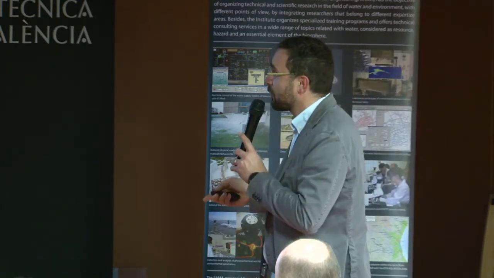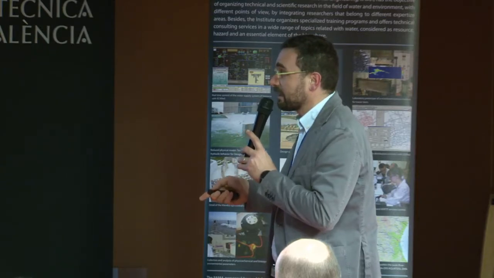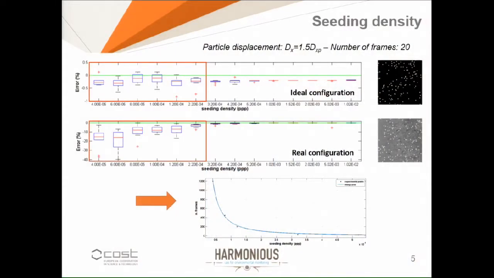We can therefore quantify clearly the error associated to each measure, and we can clearly identify that there is a minimum density required to obtain good performance of this kind of method. And of course, this is due to the fact that we need a fairly good amount of sampling in order to get a relatively good measure of our flow velocity.